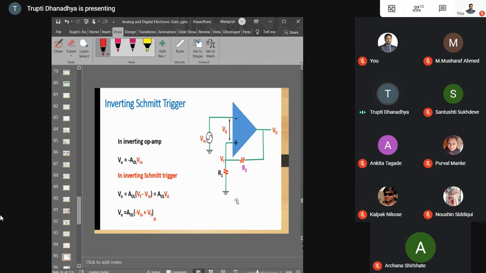Whenever I'm talking about VD, of course, it has the relation V2 minus V1 according to the terminals. But V2 is equal to VF, so we can write VF minus V1 for our positive Schmitt trigger. Because R2 is connected to the positive terminal, that's why it is also called the positive Schmitt trigger.